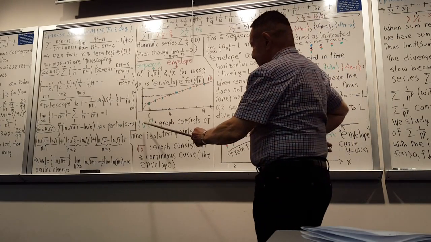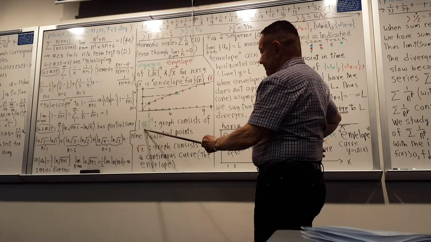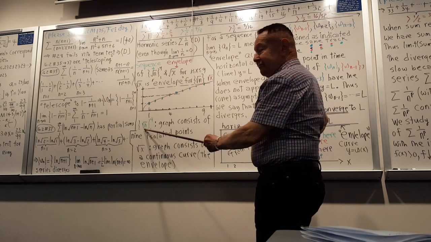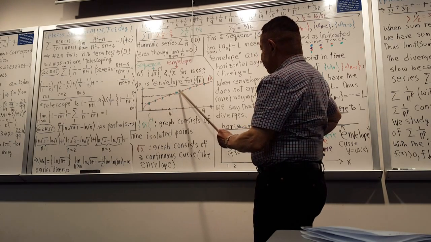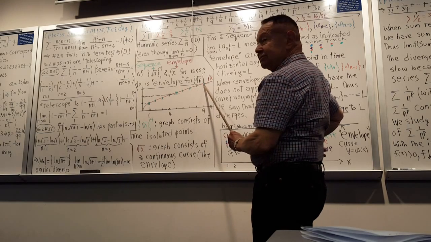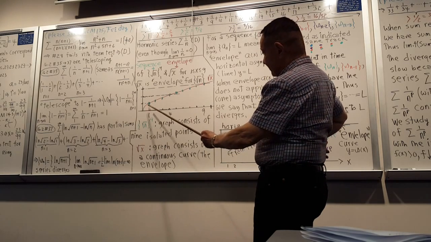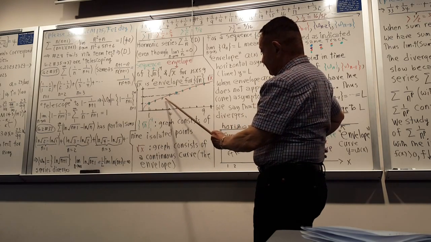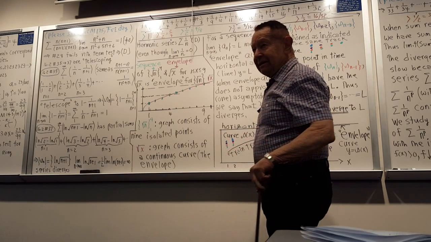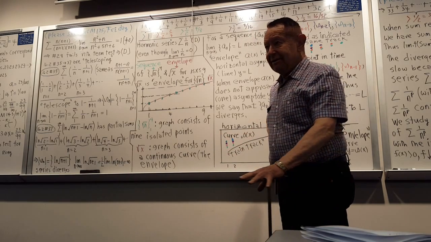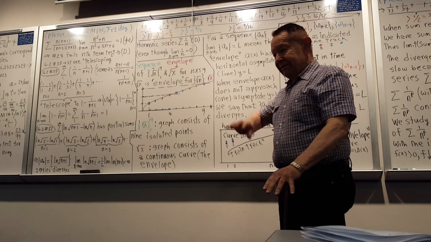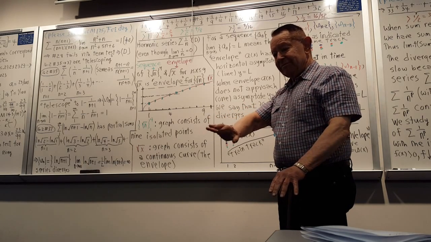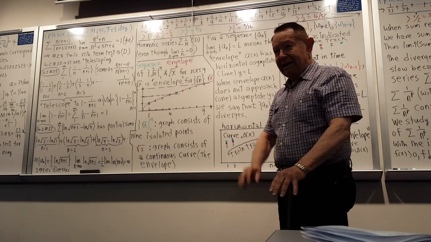So the values here would be a set of just 9 values, which would be the 9 green dots. So its graph then would consist of the separated points.